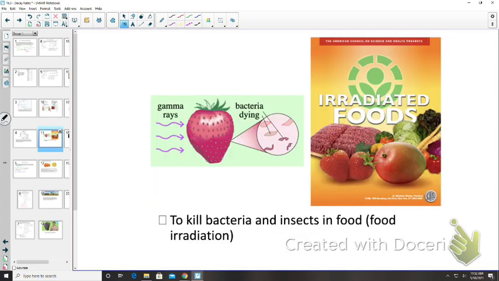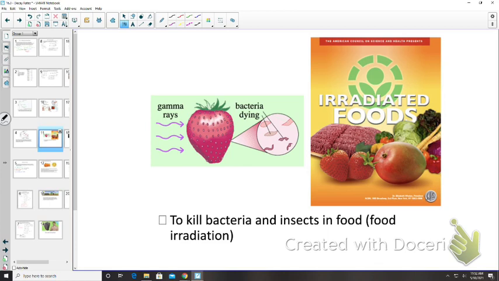Radiation is also used to kill bacteria and insects in foods. Okay, so if farmers take off a crop of, say, strawberries, instead of treating these with antibacterial compounds, right?